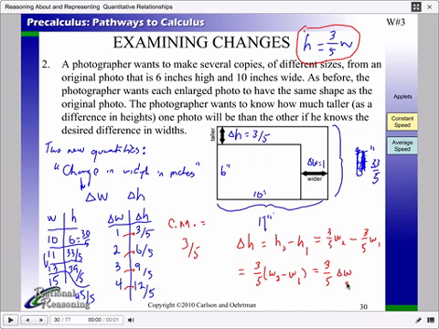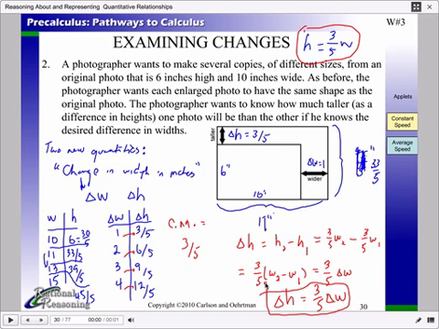That proves what we were guessing, that now we know for sure that delta H equals 3/5 delta W. And what does that say about delta H and delta W? That they're proportional with a constant of proportionality or a constant multiple of 3/5. That proves what we kind of guessed there by looking at the table.